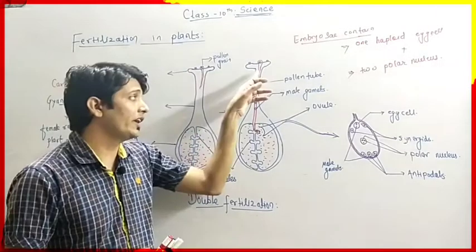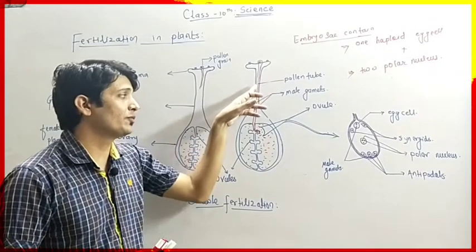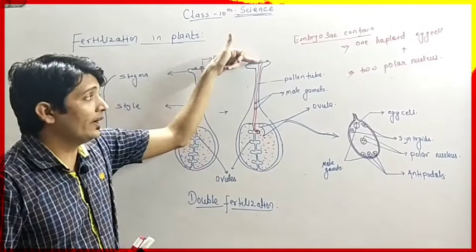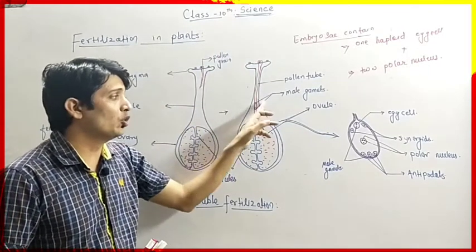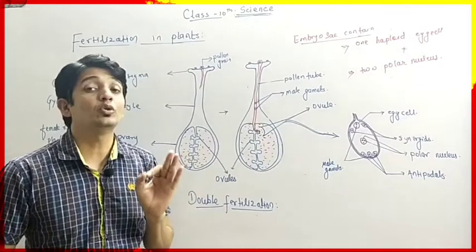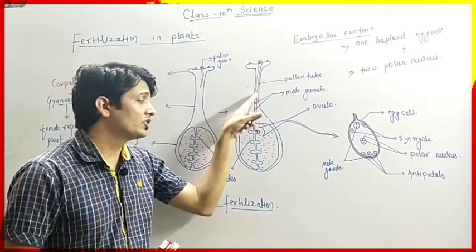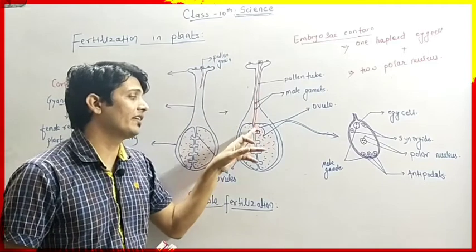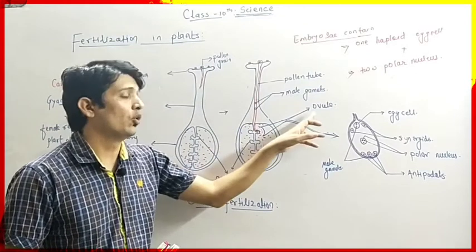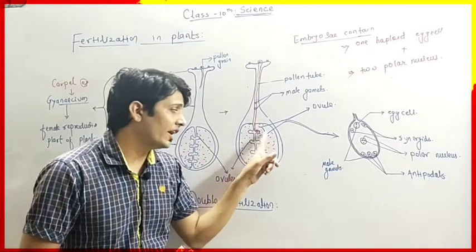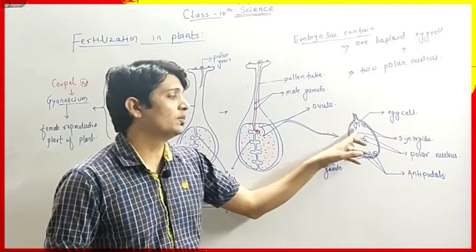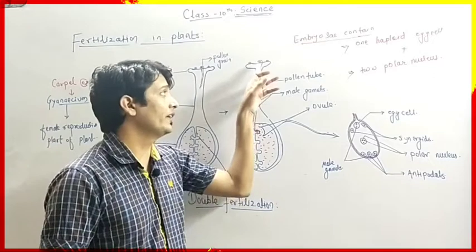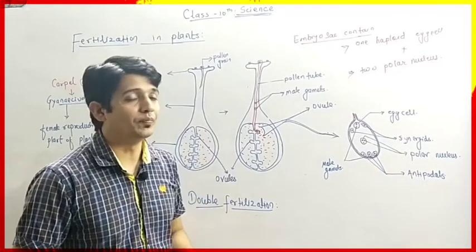When this pollen tube develops, the pollen grain releases two male gametes, or we can say two germ cells, through the pollen tube, and finally they are released towards the ovule. So inside the ovule, two male germ cells are released by the pollen grain via the pollen tube.